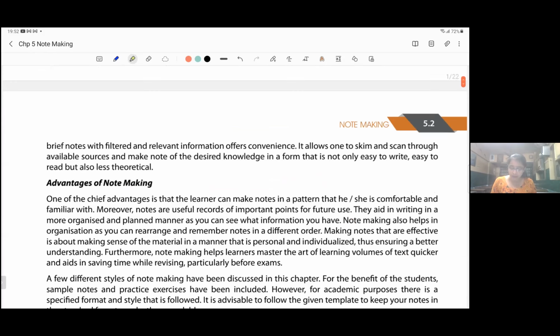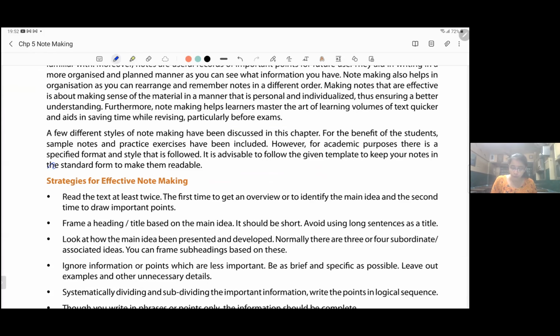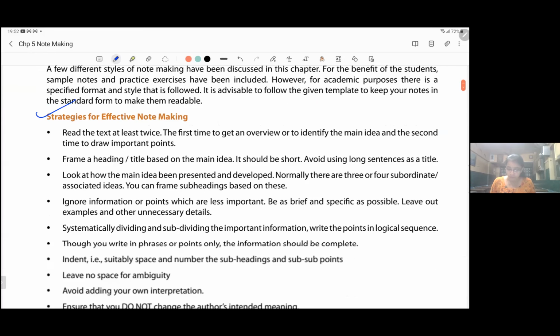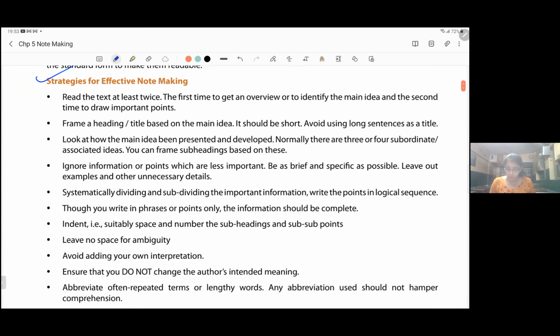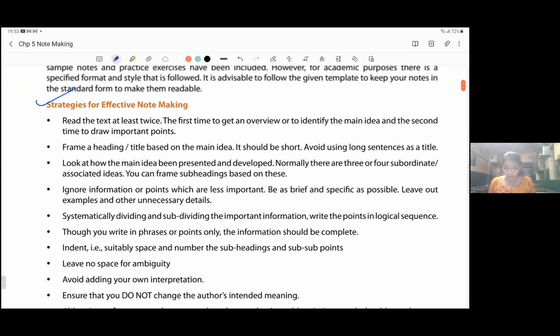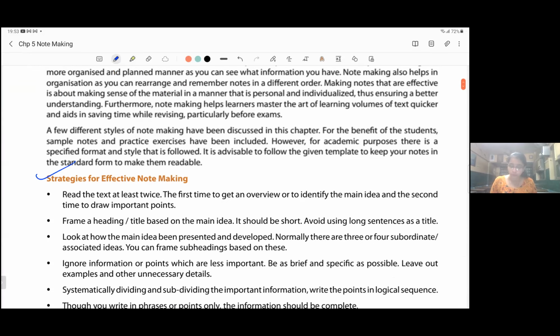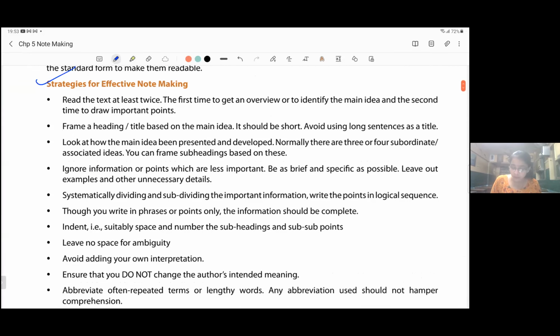Advantages and strategies, just go through it by yourself. We'll read these strategies because it will be important for you all to understand. Read the text at least twice. First time to get an overview or to identify the main idea, and the second time to draw the important points.